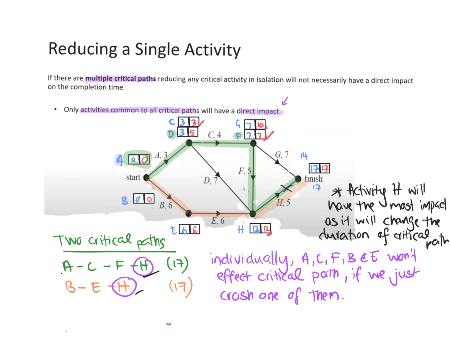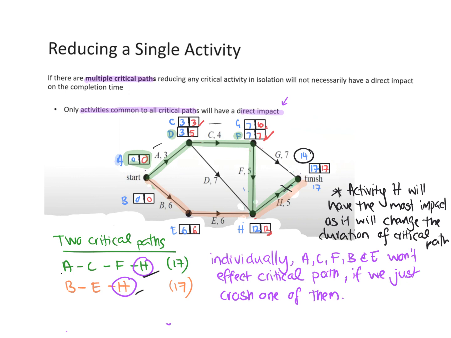Okay, but if you have a look, if I crash H, so H is no longer there. We could then go the way via this way where we went A, C, so that would be 3 plus 4 is 7, plus the G, which is 7, which is 14. So can you see, if we crash H completely, the critical path would be 15.